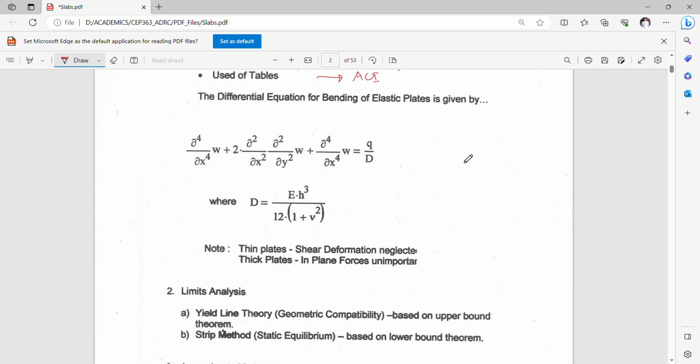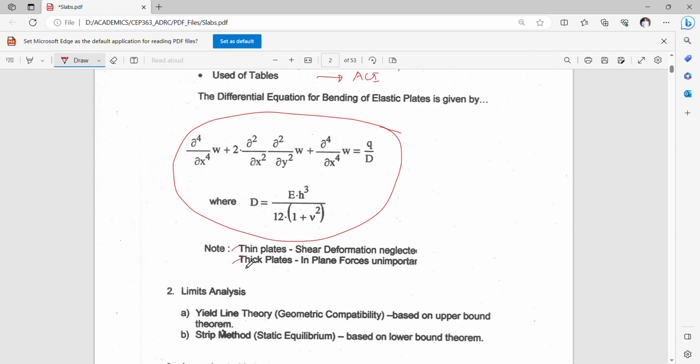So we go back to the differential equation for bending of elastic plates. So this is the theory regarding plates and shells that we will be discussing in case we encounter some theory on thin plates and thick shells here. Okay.